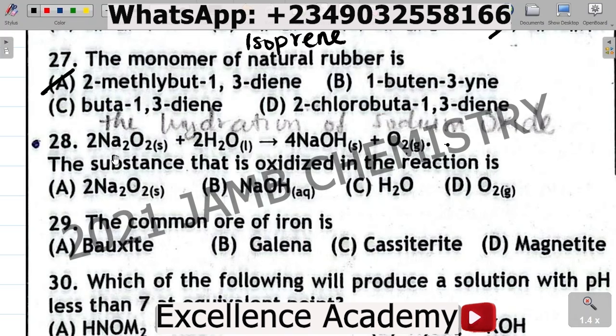Now, if you consider the reactant sodium peroxide, you want to observe that the oxidation number of oxygen here is -1. That's in sodium peroxide. Meanwhile, if you come to the products where we have a molecule of oxygen gas, the oxidation number of oxygen here is 0.